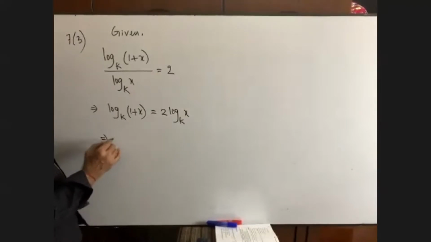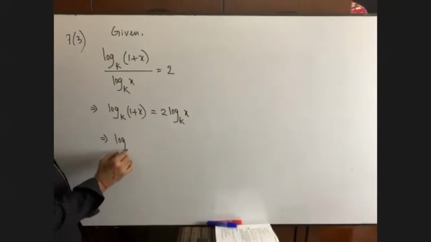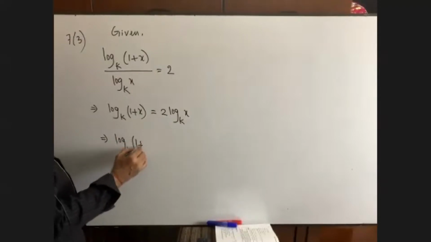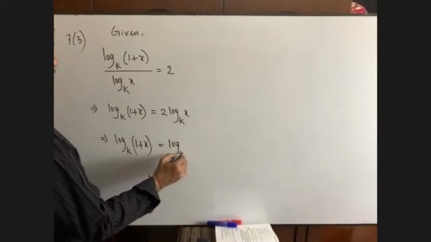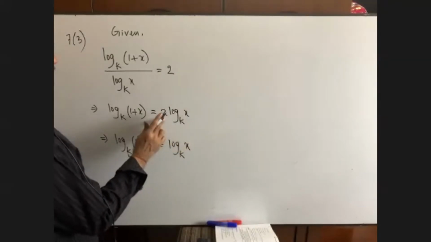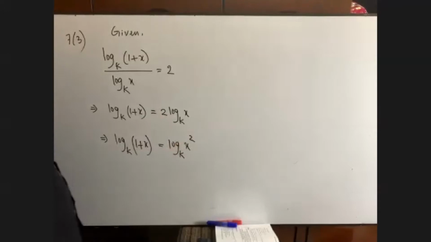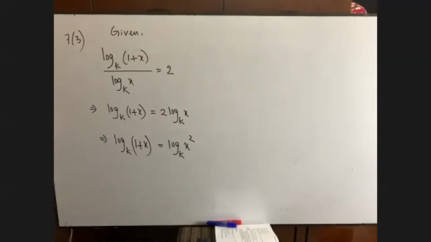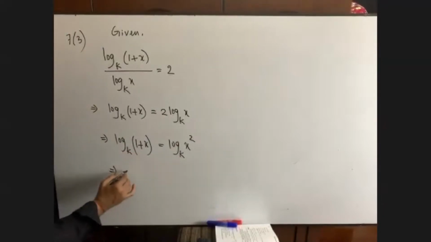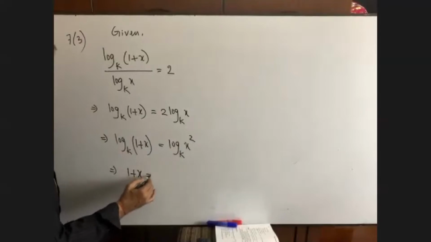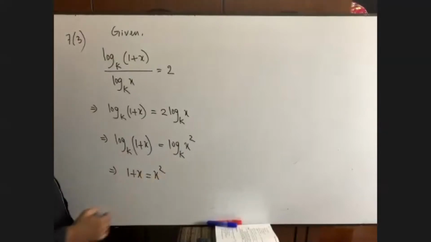Now you see log k (1 plus x) is equal to log k x squared. This coefficient can be written as power. That means taking anti-log, log k will be omitted. So we'll be left with 1 plus x equals x square.